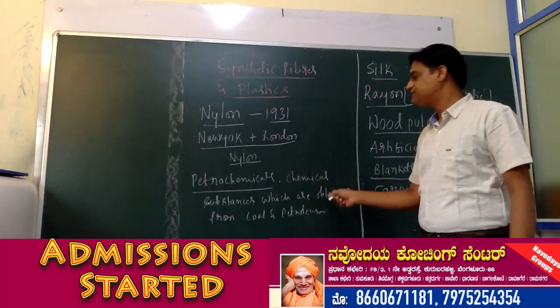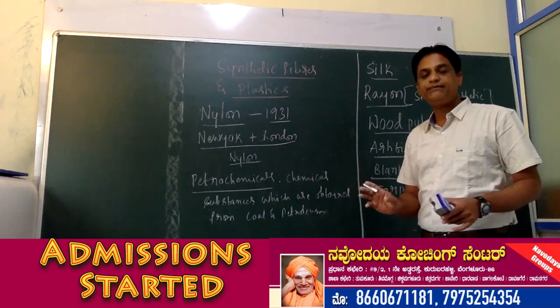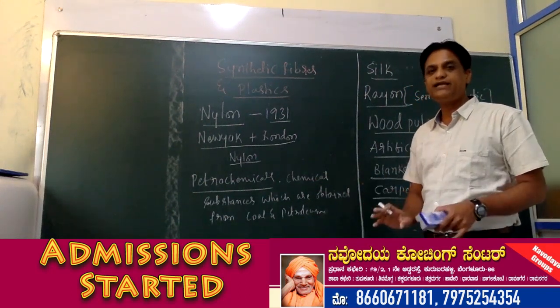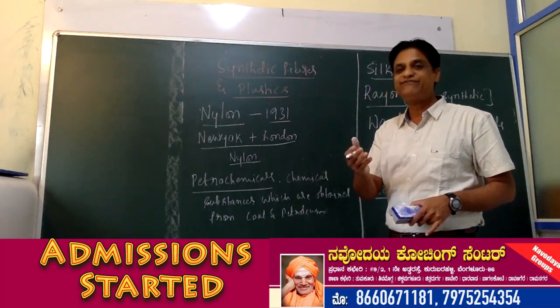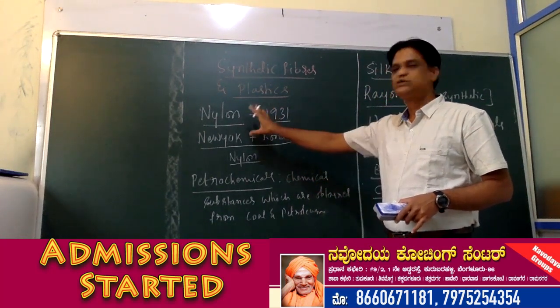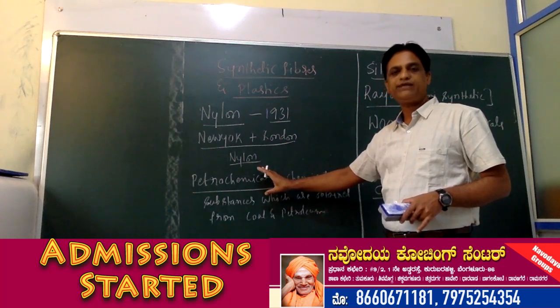So chemical substances which are obtained from coal and petroleum are called petrochemicals, and they are the raw materials which are used in the preparation of all synthetic fibers and plastics. So in order to prepare nylon, we require petrochemicals.